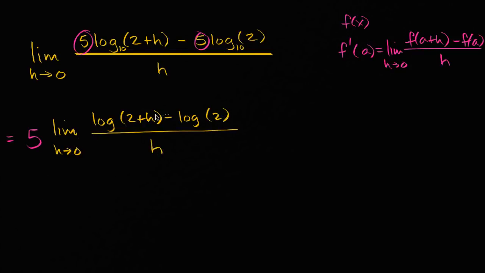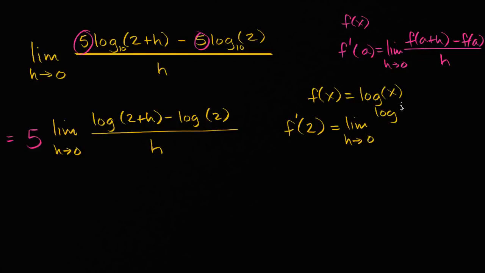Now, you might recognize what we have in yellow here. Let's think about it. If we had f of x is equal to log of x, and we wanted to know what f prime of 2 is, this would be the limit as h approaches 0 of log of 2 plus h minus log of 2, all of that over h.